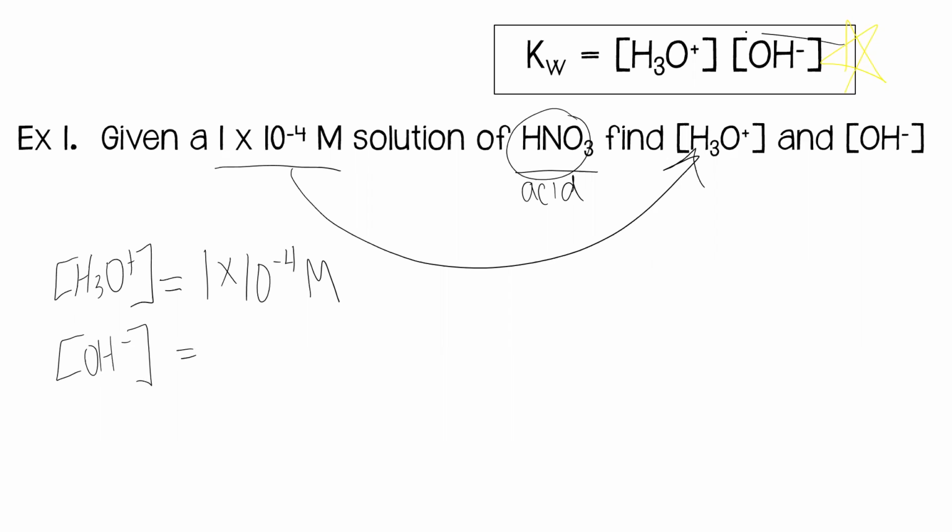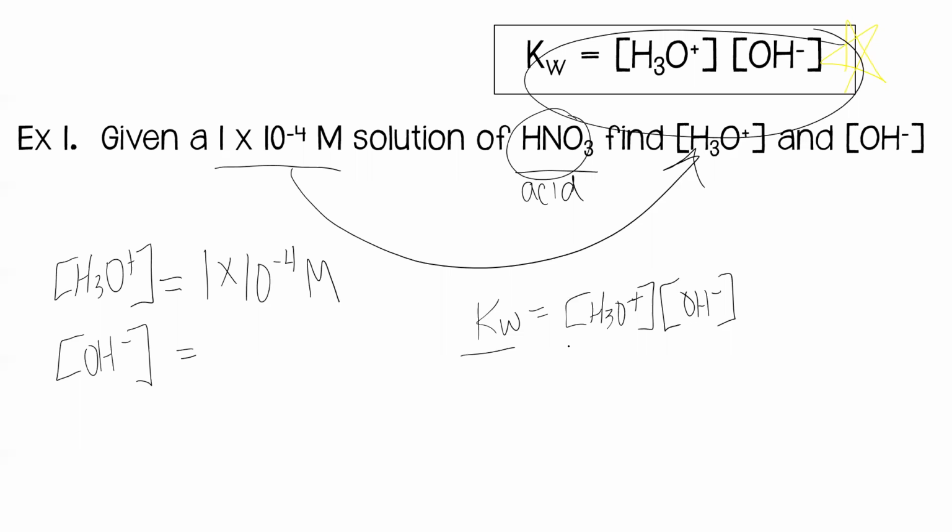Well, we're going to use this equation, and we're going to rearrange it to solve for OH minus. So Kw equals hydronium ion concentration times hydroxide ion concentration. I want to get hydroxide by itself. I'm going to divide both sides by the hydronium ion.